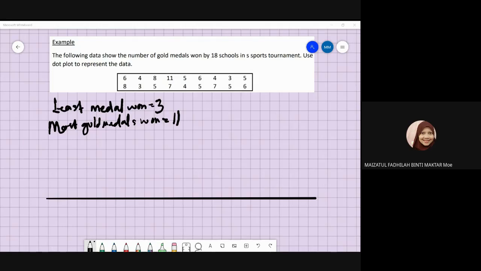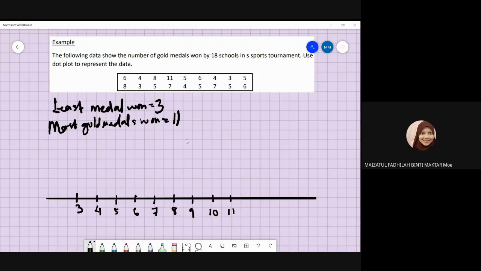So we plot the values first: 3, 4, 5, 6, 7, 8, 9, 10, 11. Make sure you draw the horizontal line first, then plot the points.